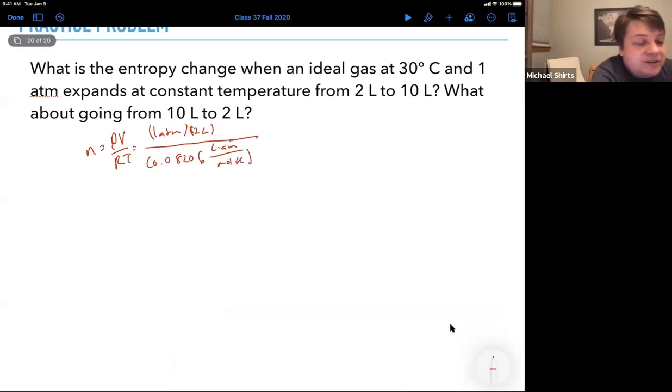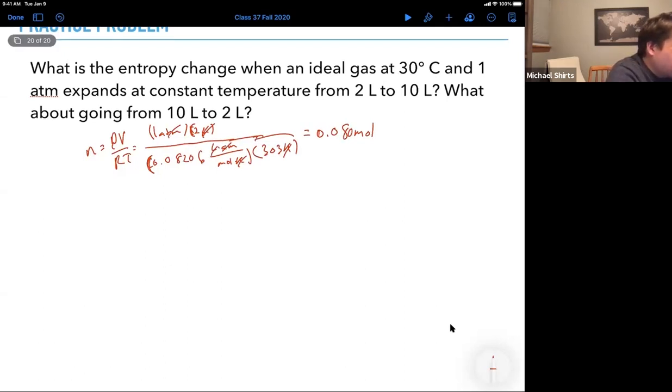We use this gas constant because we're using it in the ideal gas law. Times 303 Kelvin. Liters cancel, atmospheres cancel, Kelvin cancels, and we get 0.080 moles of gas.